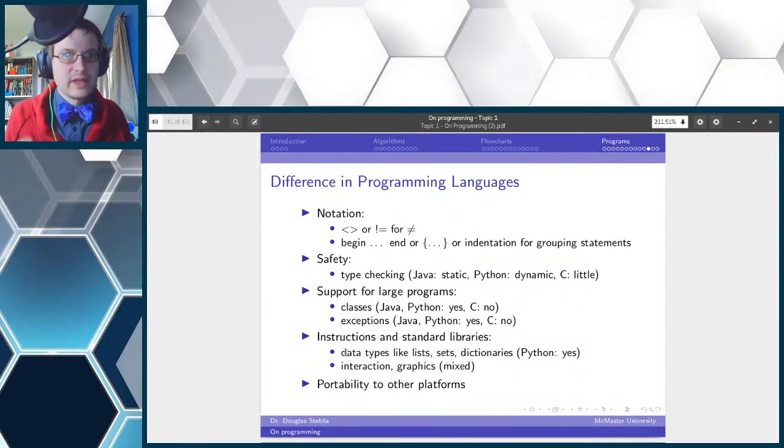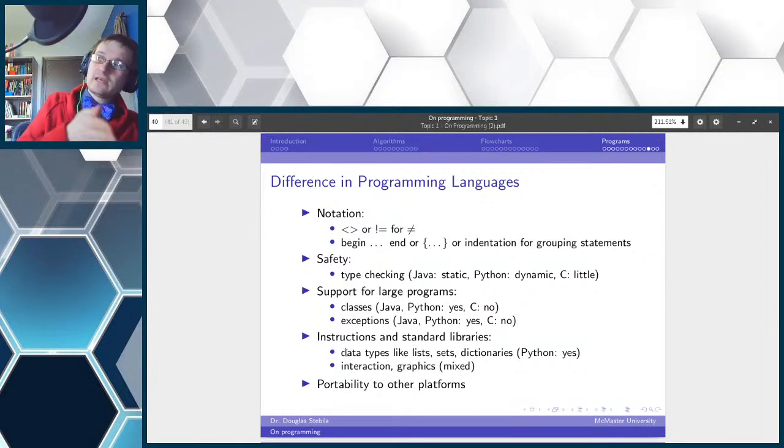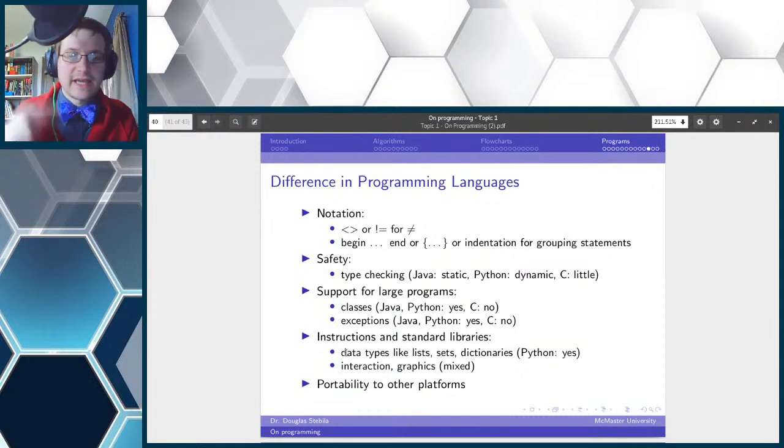Something like C has a very small number of supported library operations. The reason for that is because C is an operating system language. C is the language that a lot of the operating system is going to be written in, whatever operating system you're using.